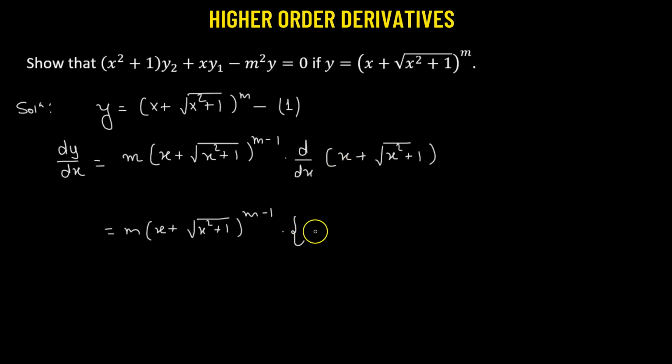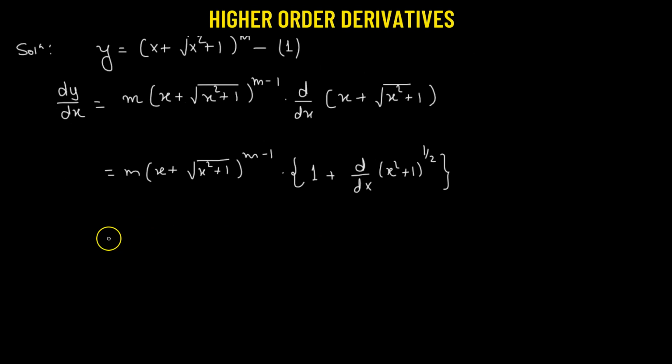So we have the derivative of x, which is simply 1, plus the derivative with respect to x of (x squared plus 1) whole raised to the power of half. This is done so that we can easily apply the power rule here. Now we will have m times (x plus square root of x squared plus 1) whole raised to the power of m minus 1.